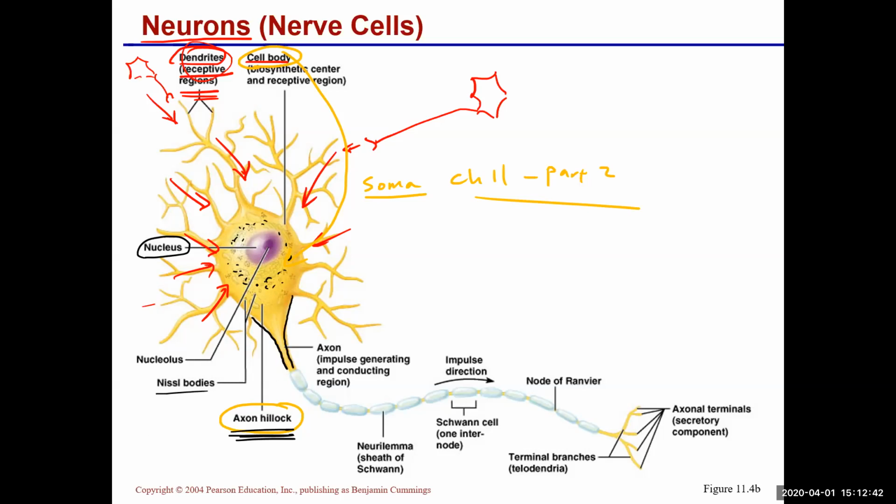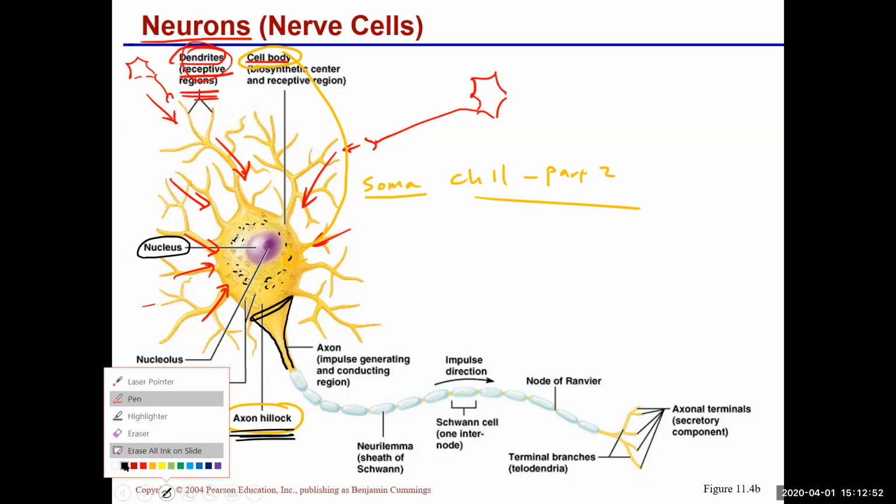Right? You can see it resembles a funnel right here. But right on this axon hillock, there are numerous voltage gated channels. We'll talk about different types of channels, but I think you already know what a voltage sensitive gated channel is.